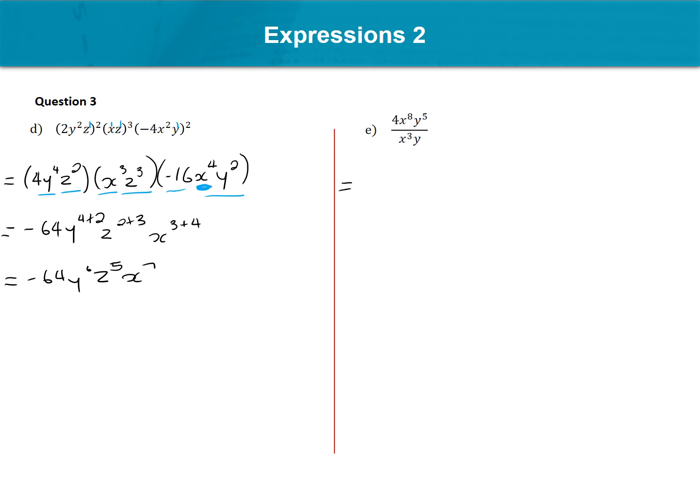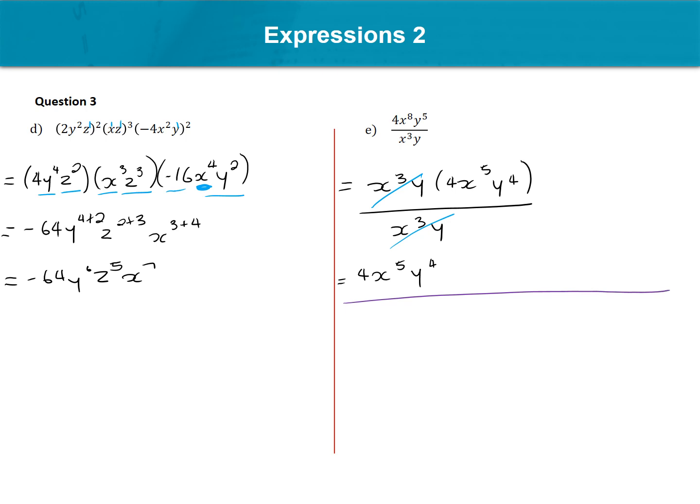So what's common between the two of these is x to the power of 3, y, and you're left with 4x to the 5, y to the 4, all over x cubed y, which means we can cancel those, and you're left with 4x to the 5, y to the 4. An alternate way of doing it would be to just simply bring the denominator up to the numerator and change the sign of the exponent.